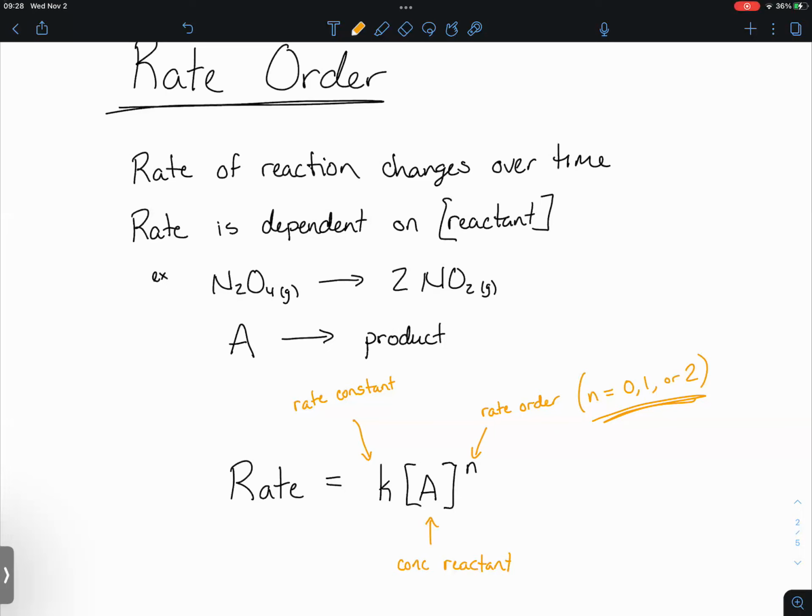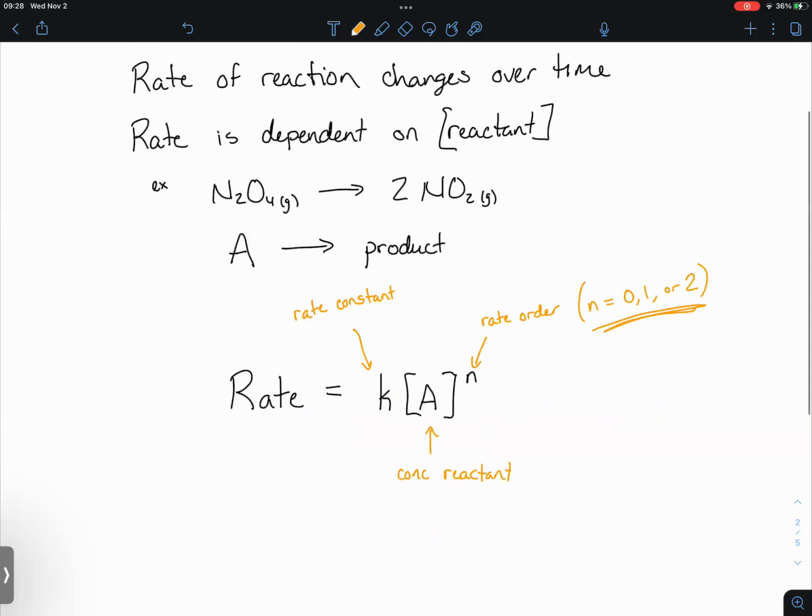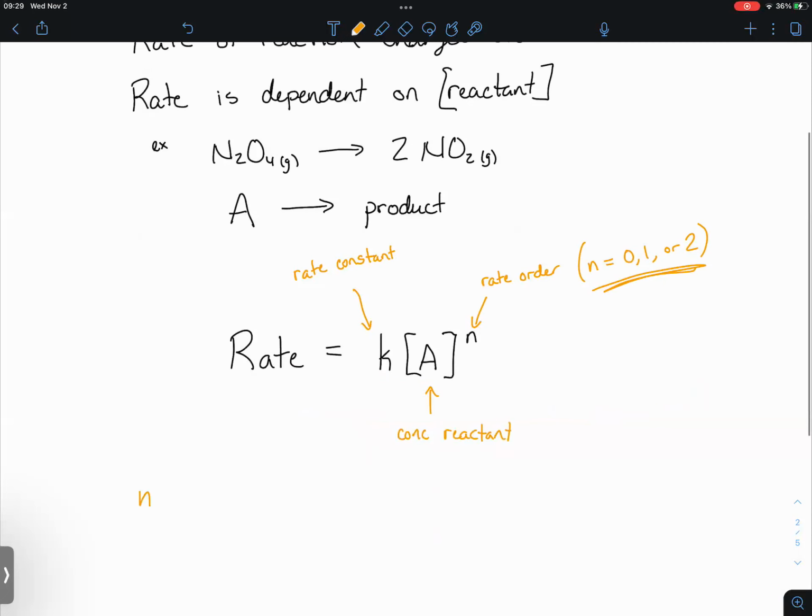So our reactions that we look at will always have a rate order of 0, 1, or 2. Okay, and our goal is to figure that out. All right, so given a set of data, we want to be able to determine whether or not we have what's called a 0. So if n equals 0, that's a 0 order reaction.